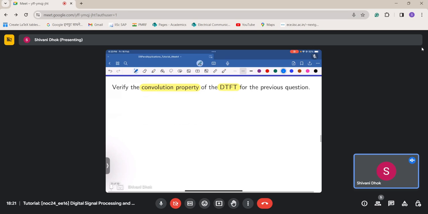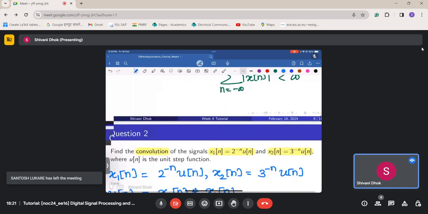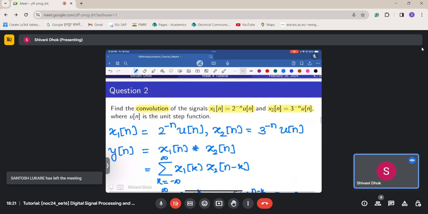So what it says is we need to verify the convolution property of the DTFT for the previous question. So what was the previous question? In the previous question we were asked to find the convolution of two signals.